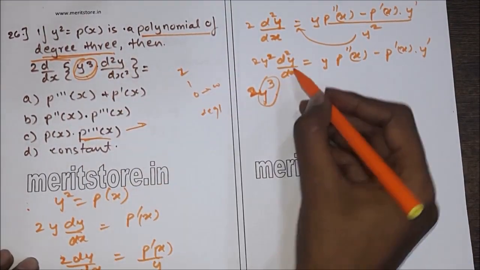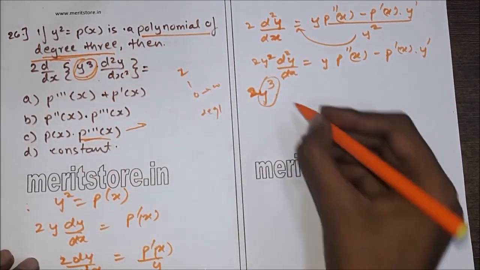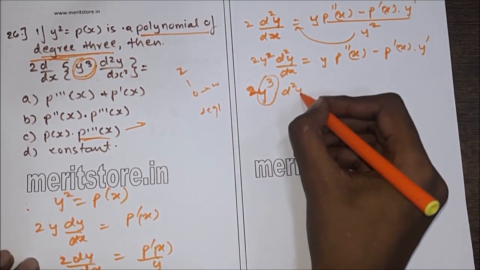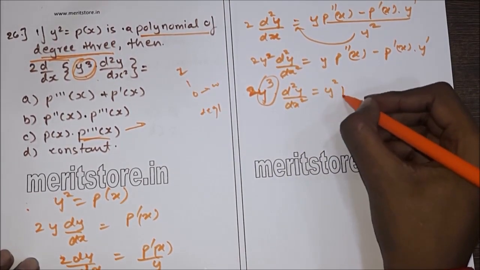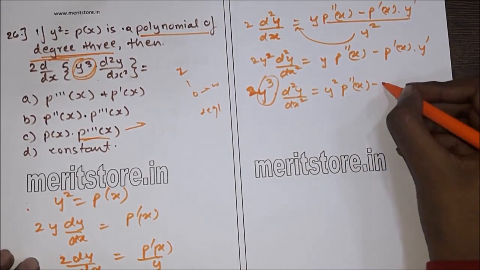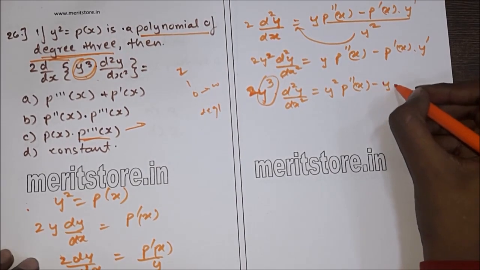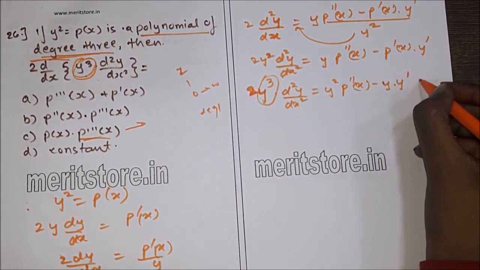So we have y cube and the double derivative of y. So y cube into d2y by dx square is equal to y square p double dash of x minus y into y dash into p dash of x.